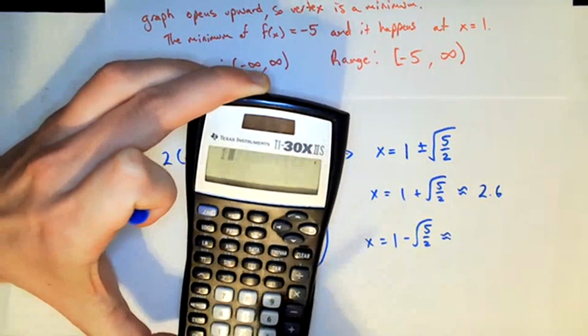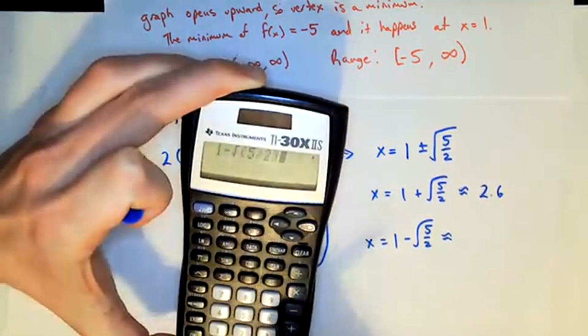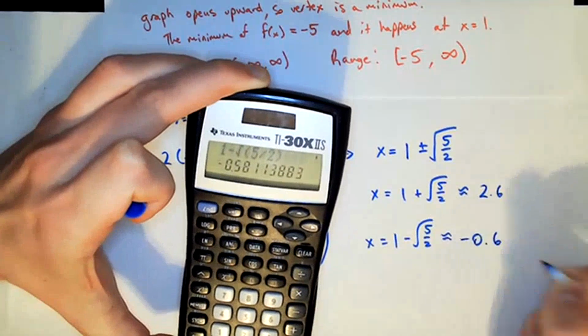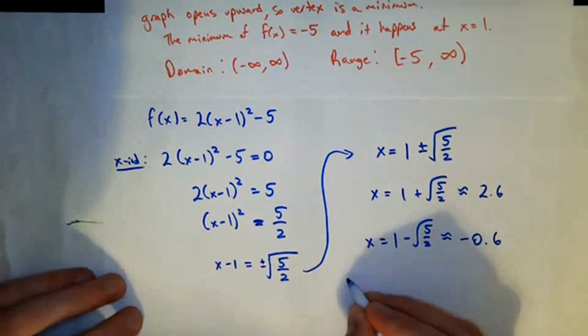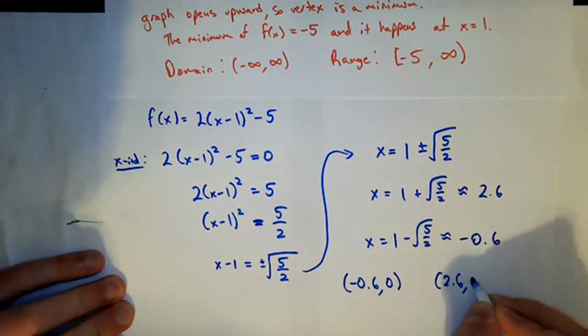And 1 minus square root of 5 over 2 is giving me negative 0.6. Okay, so my two x-intercepts are negative 0.6 comma 0 and 2.6 comma 0.